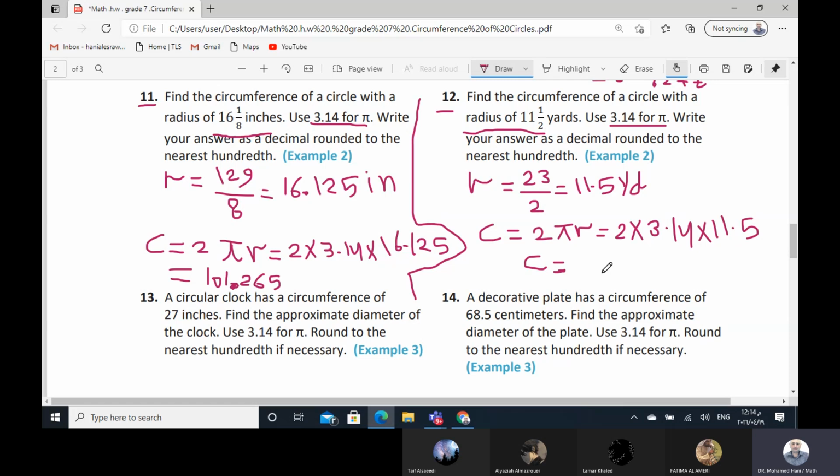Who can tell me what is the answer here? Sir, the answer will be 72.22 yards. Great.